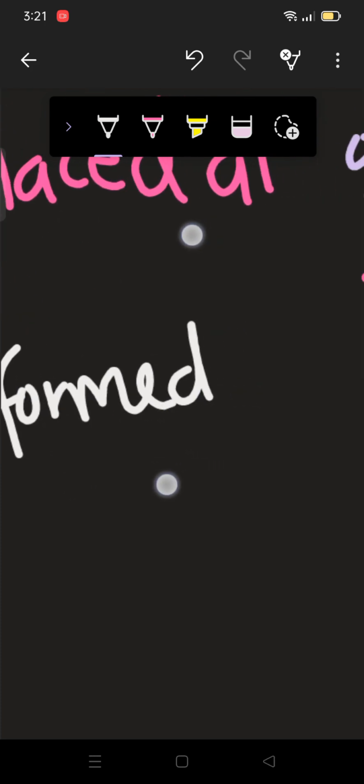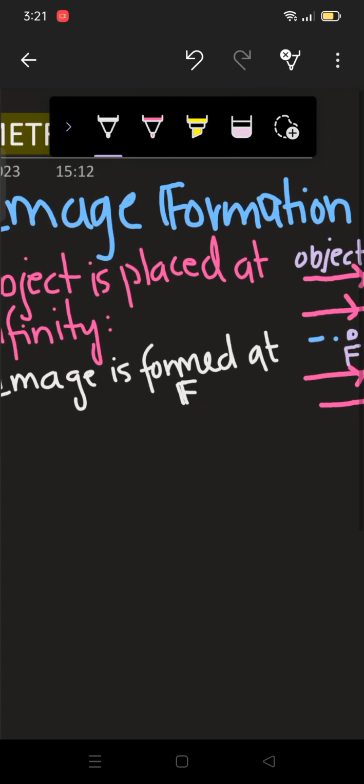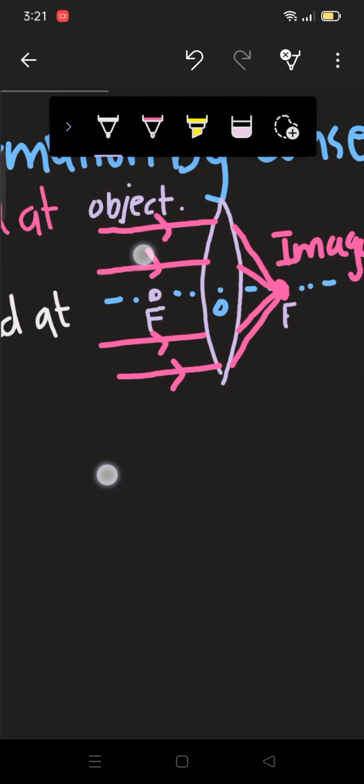Remember this: when the object is placed at infinity, the image would be formed at the focal point. Second property: this image would be real and inverted. If we have the word real, then that would always be inverted.